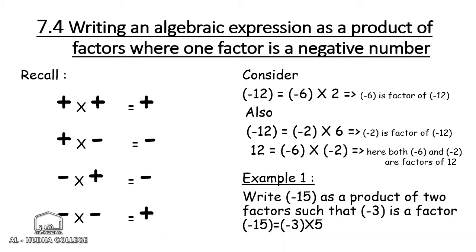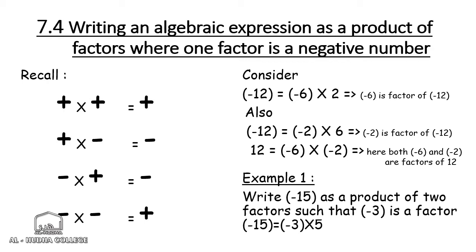Here, minus 2 is a factor of minus 12. While minus 6 is a factor, 2 is another factor. While minus 2 is a factor, 6 is another factor. That is for minus 12.